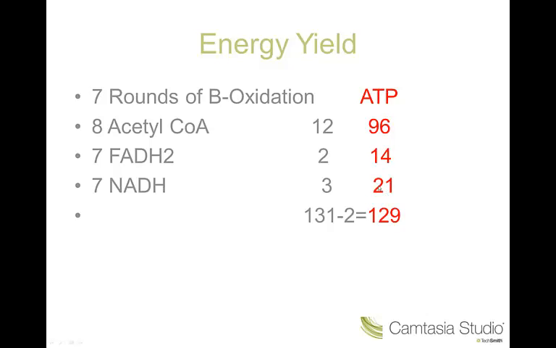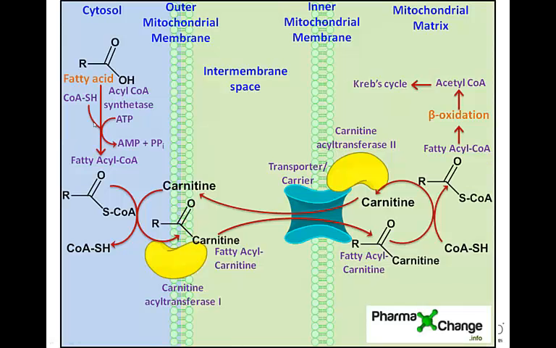If we sum the ATP, we get a total of 131, but let's remember that in the activation process, we consume 1 ATP, so we converted our fatty acid into the fatty acyl-CoA, and this required 1 ATP. Also, once our fatty acyl-carnitine was transported into the mitochondrial matrix, it was reconverted back into our fatty acyl-CoA.